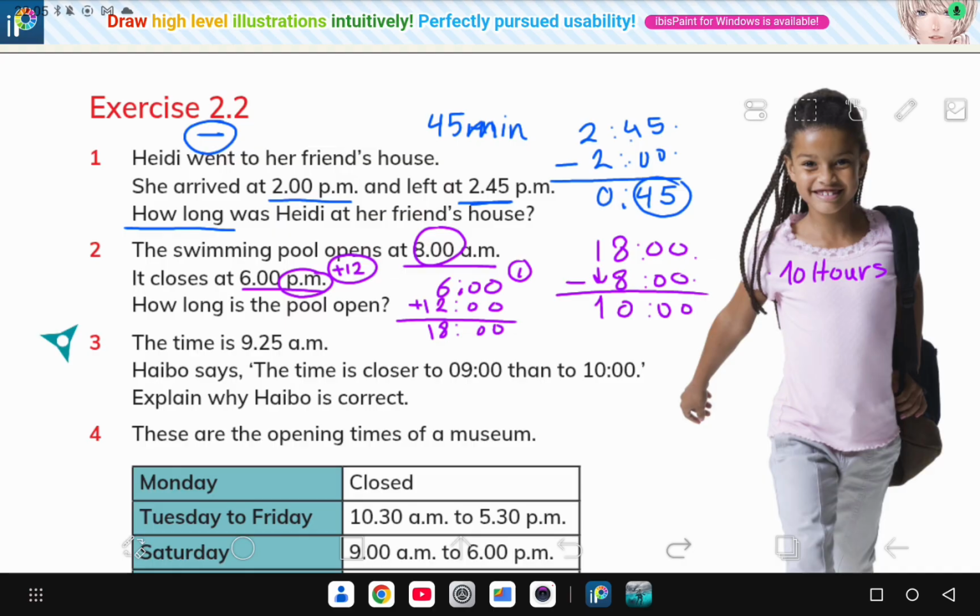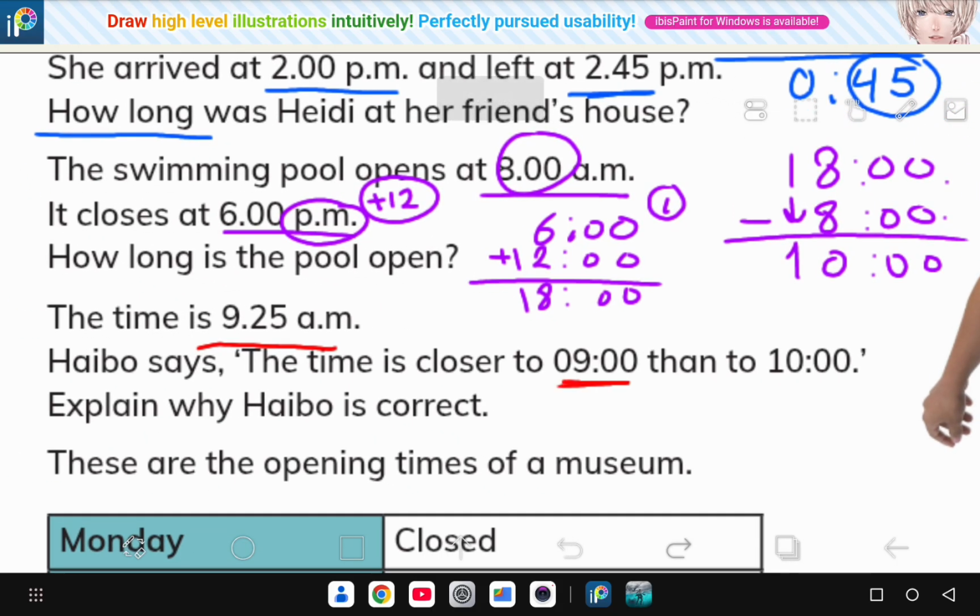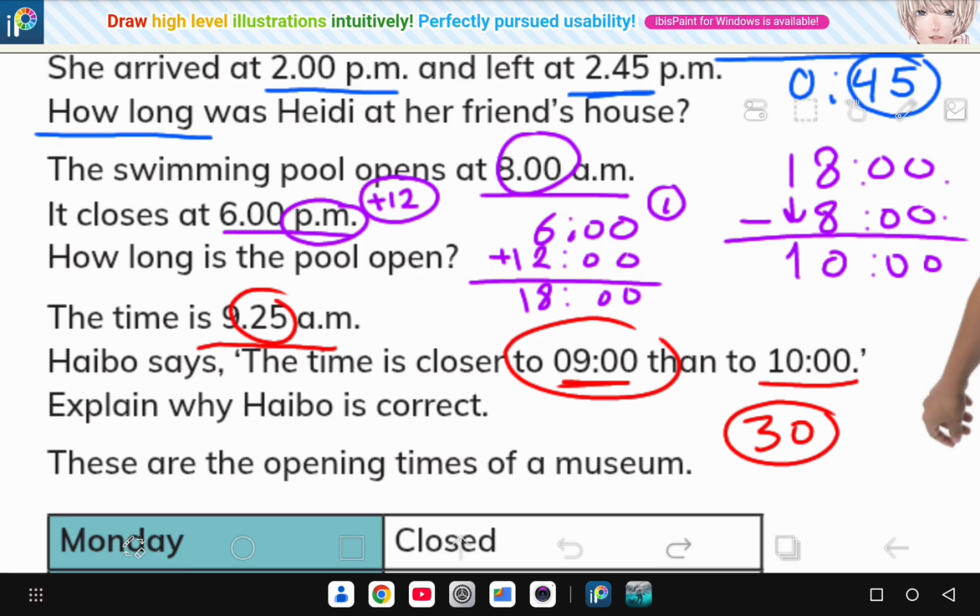In question 3, it's a challenge which we don't focus on mostly, but we're gonna do it. The time is 9:25 a.m. Hippo says the time is closer to 9 than it's closer to 10. Explain why Hippo is correct. Half of the minutes is 30 and 25 is less than 30, so my closest time is 9.